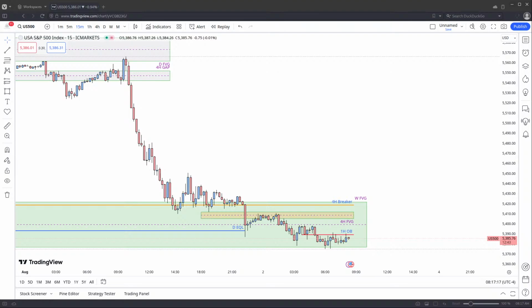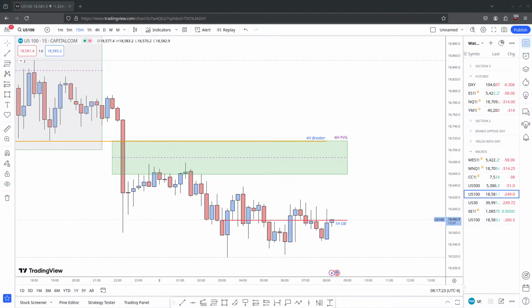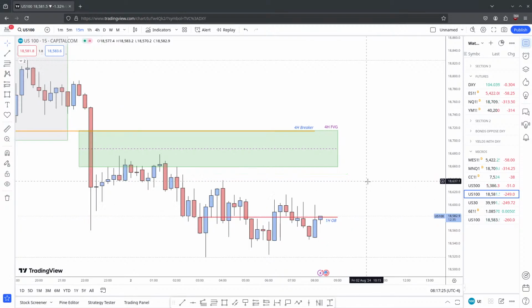Let's go back to the NAS here. Go back to US 100 and let's keep an eye on this. I quickly want to look at the seasonal tendencies here.